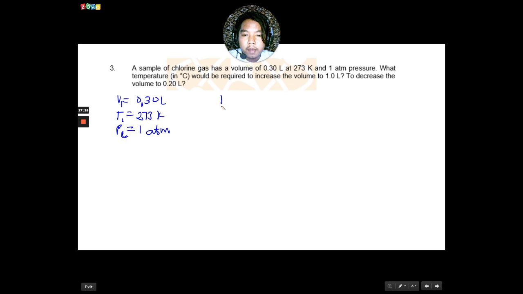What would be the temperature T if the volume is 1.0 liter, and what would be the T if the volume is 0.20 liters? Earlier I called them T2, T3 or V2, V3, so this is a more accurate way to describe them.